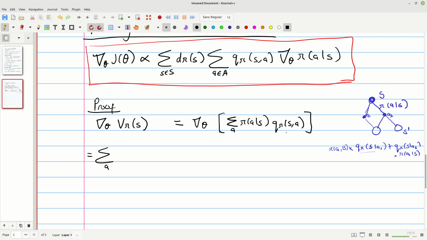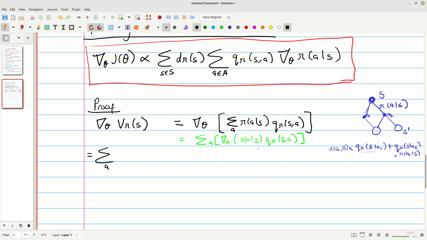So what is the derivative of this term? We're going to use the product rule, right? Because again, we can actually move the derivative on the inside. So we can actually write this as, let's say, summation over a of the derivative with respect to theta of pi a given s times q pi s comma a. So we can essentially write this in this format. That's the point I'm trying to make here.